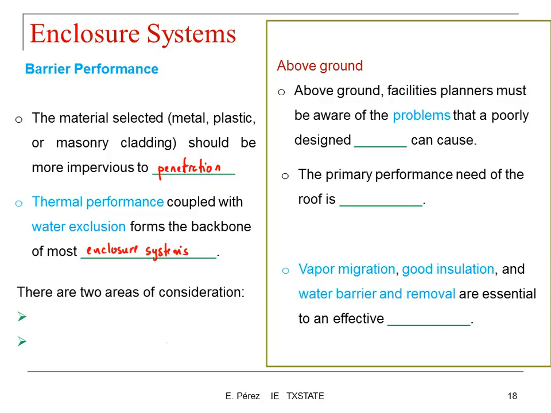You don't want to have any filtration within your roof. You want to try to keep the weather or the temperature within your facility in a comfortable level. So there are two areas that you need to consider. There's the above the ground and the below the ground.